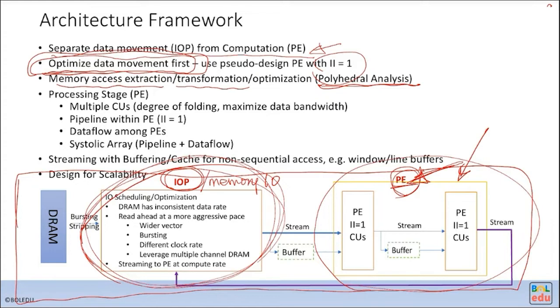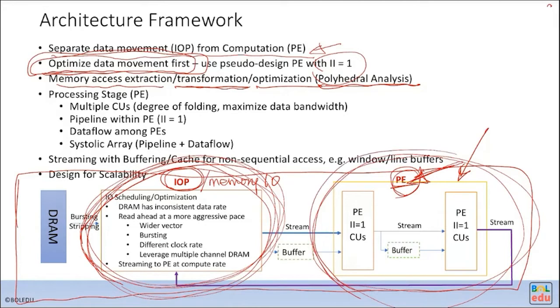There are various techniques to do the code transformation to improve the memory access efficiency. So you do the memory access extraction, and then the code transformation to do the optimization. After you have done this part, you work on the processing stage.